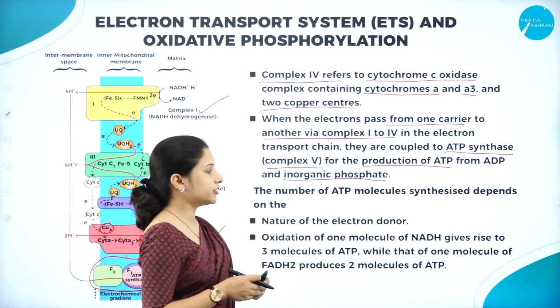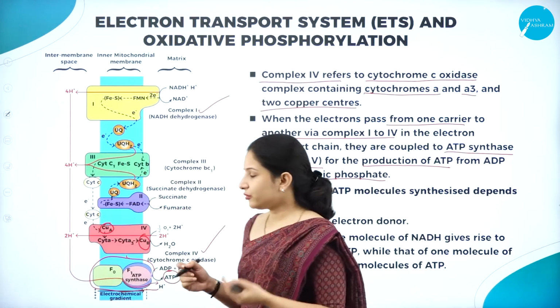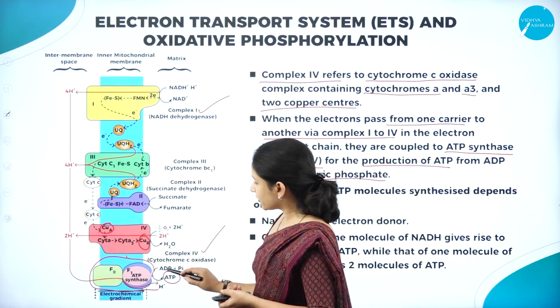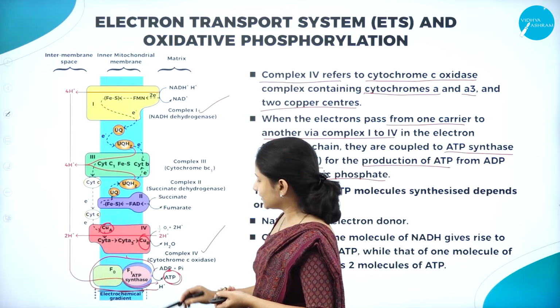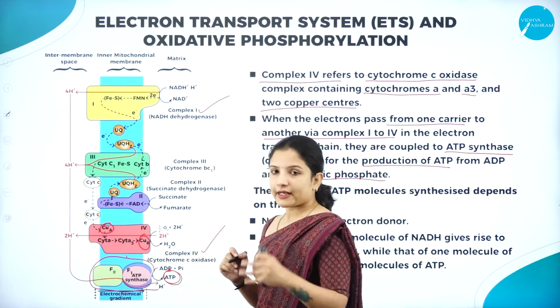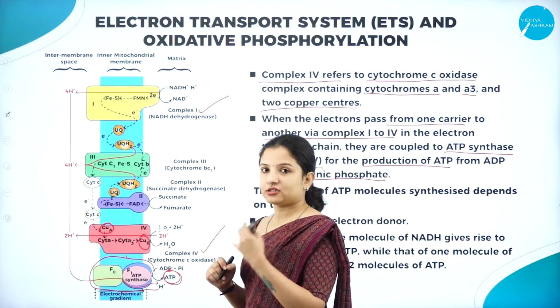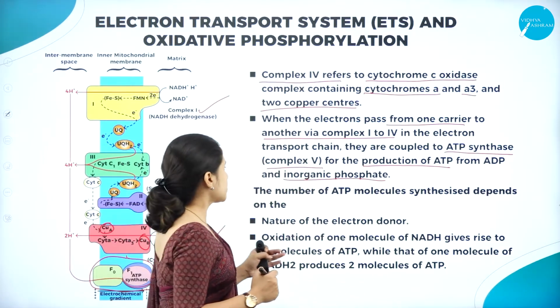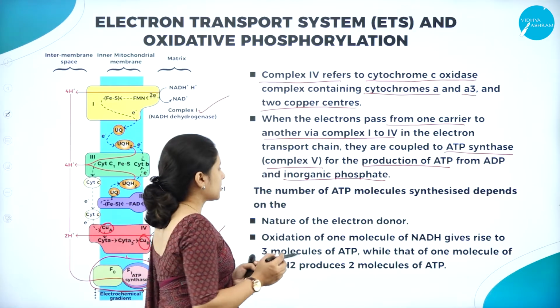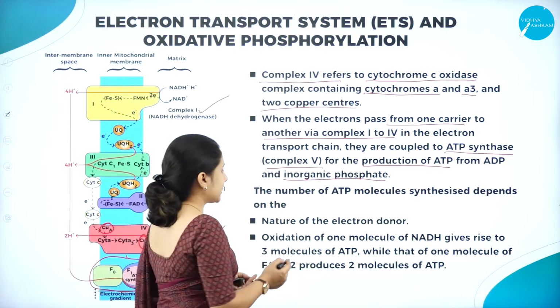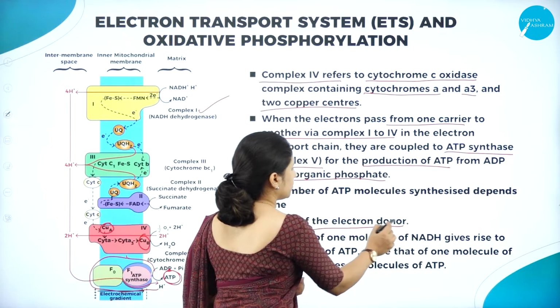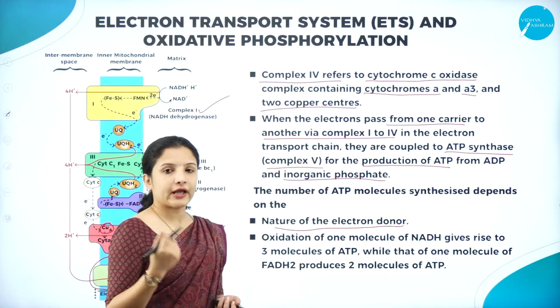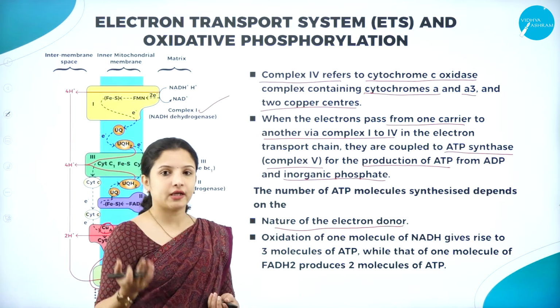Now the question is, how many ATPs will get synthesized? How many ATPs are synthesized by this oxidative phosphorylation will depend on the nature of the electron donor, such as NADH.